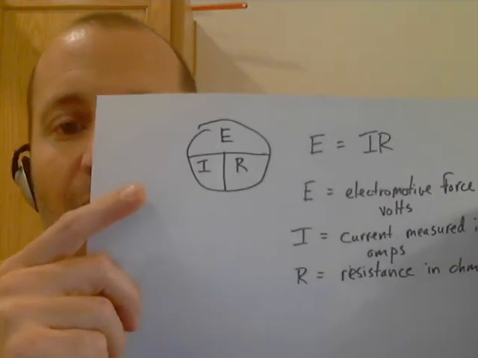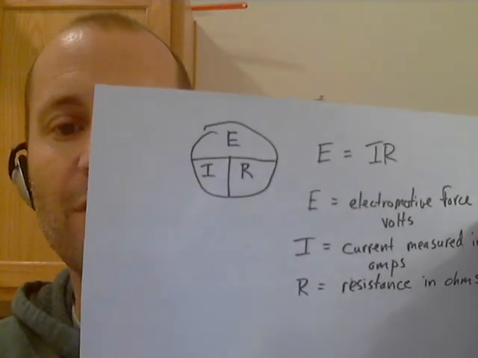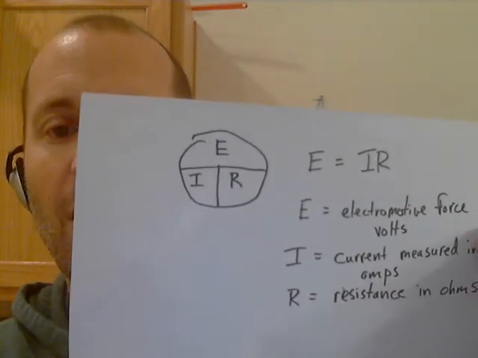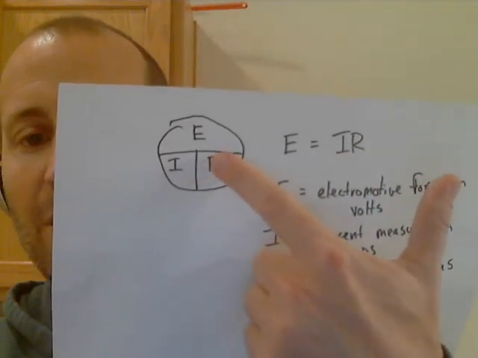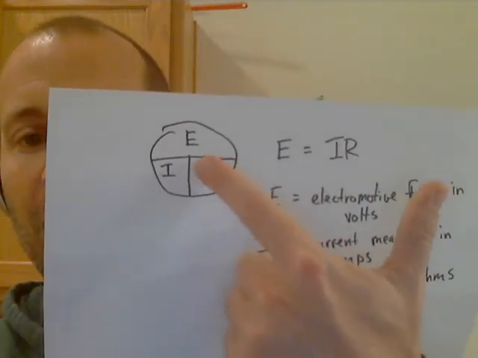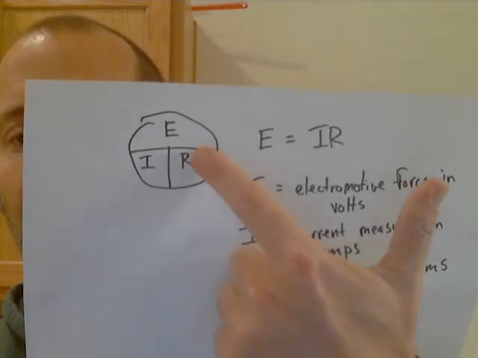Now there's a neat way that you can remember how to manipulate these different aspects of this formula to work out different problems. So, for example, let's say that I knew the voltage and I knew the current in a circuit, but I didn't know the resistance.